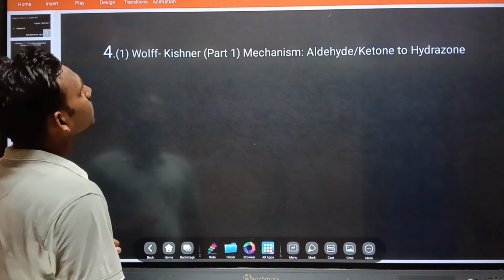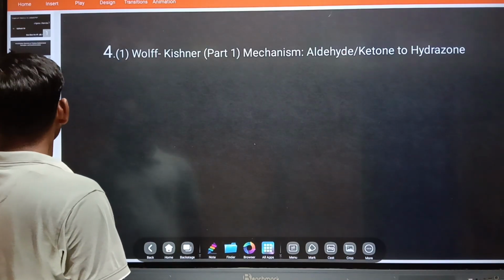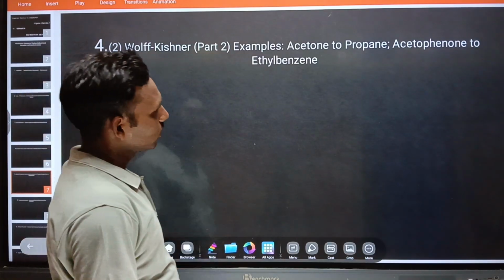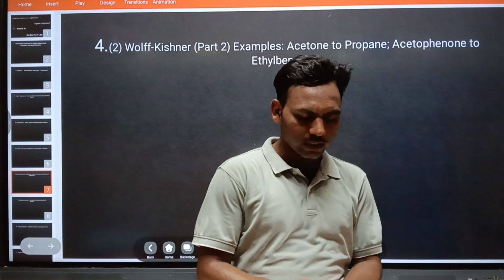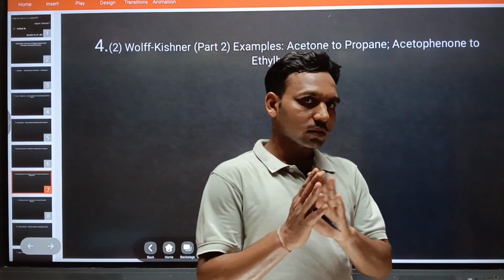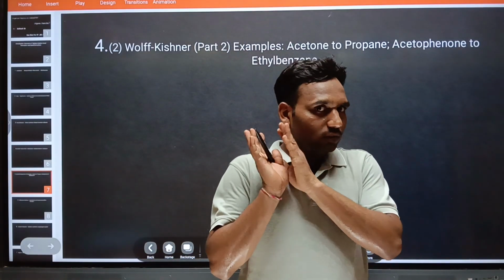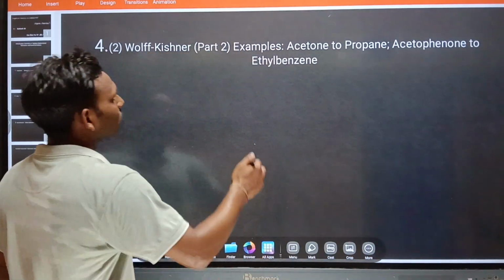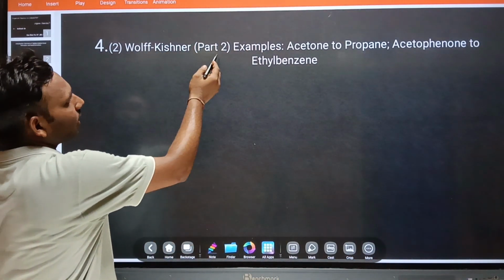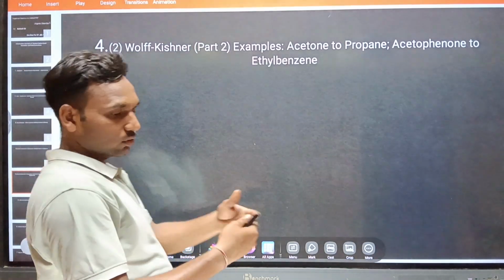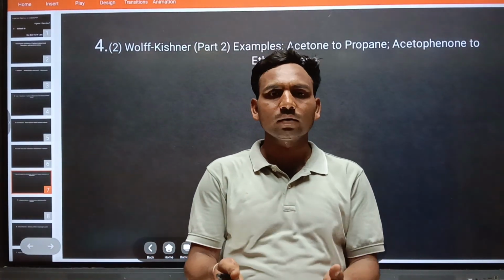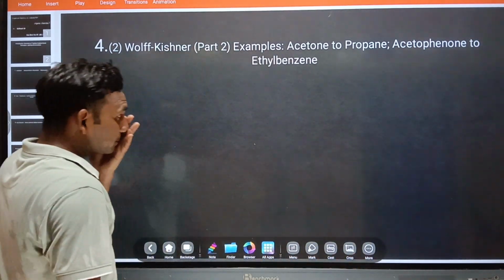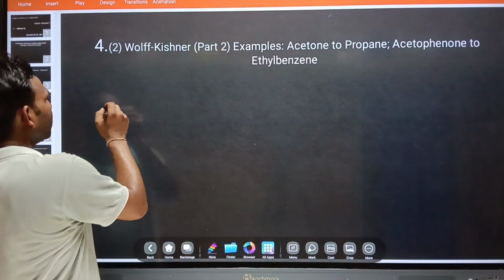Then the second chemical equation is the Wolff-Kishner reaction part 2. Wolff-Kishner reaction part 2: same as hydrazone, in the chemical reaction an alkane compound is also formed as a product.